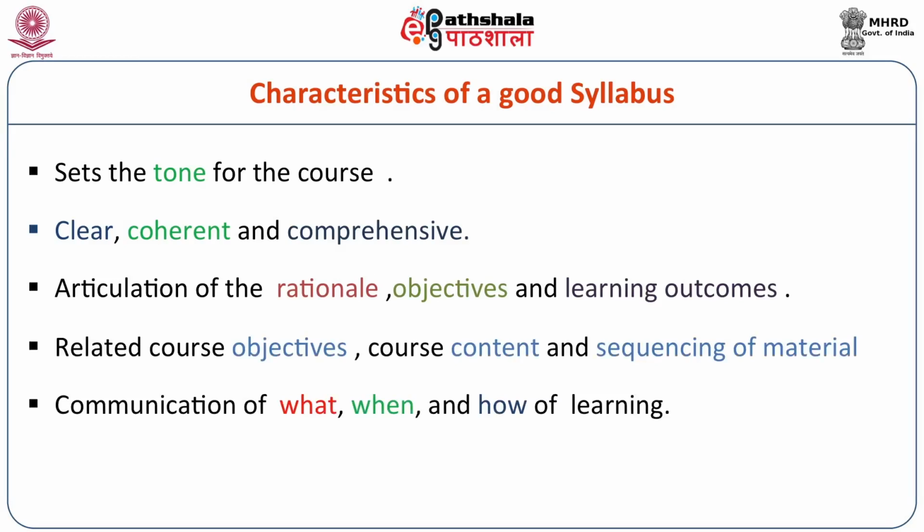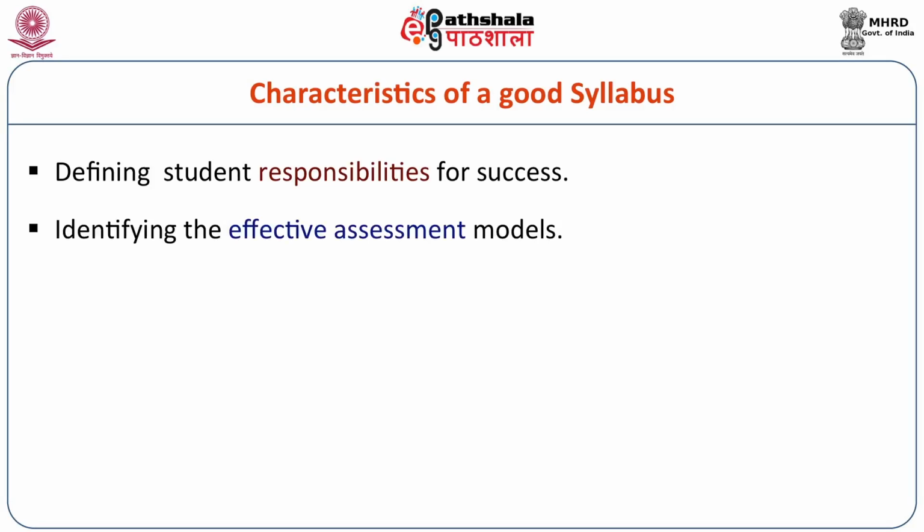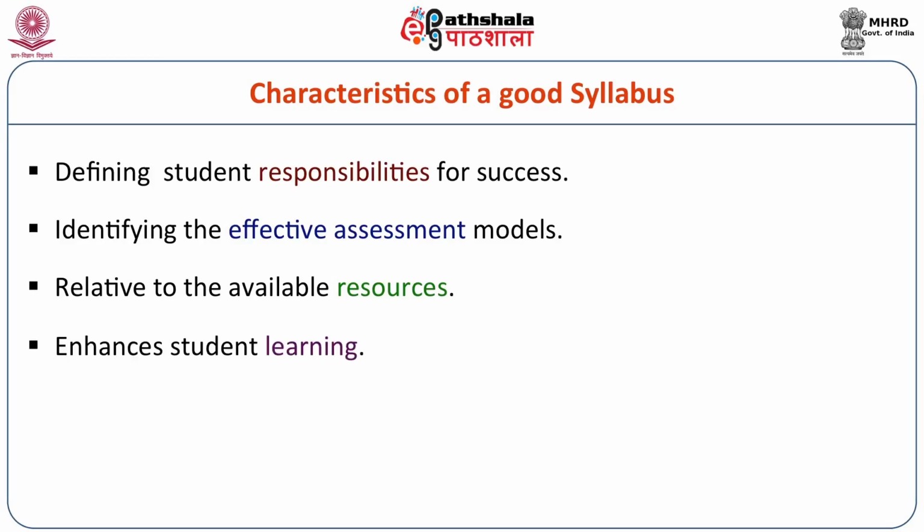Then communication of what, when, and how of learning. Defining student responsibilities for success is also a part of a good syllabus. Identifying the effective assessment model is also mentioned in the syllabus, relative to the available resources, and it enhances student learning.